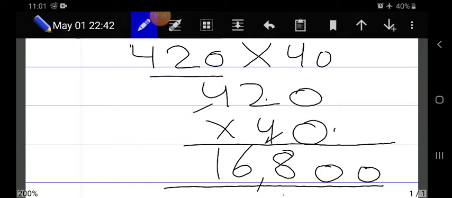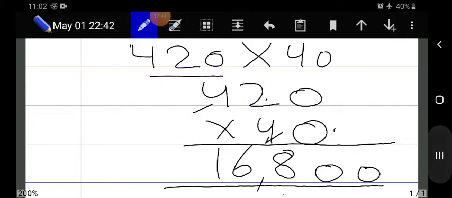So this is the two-digit multiplication with one single digit, or two-digit, three-digit, anything, 3, 4, 5, and so on. This is how you are going to do multiplication with various numbers: one-digit number, two-digit number, three-digit number.